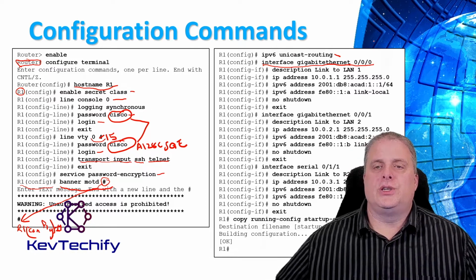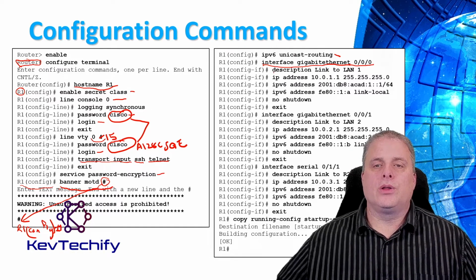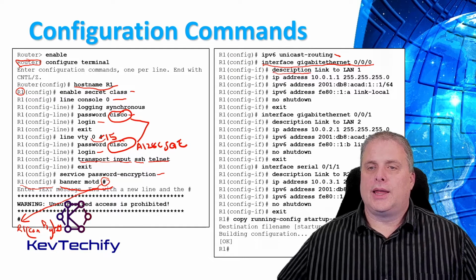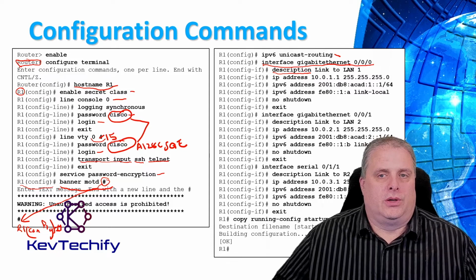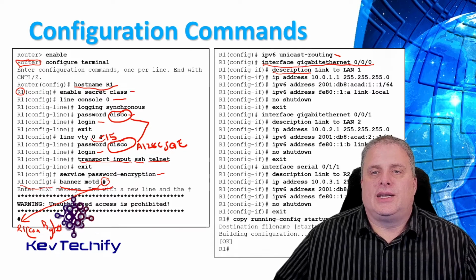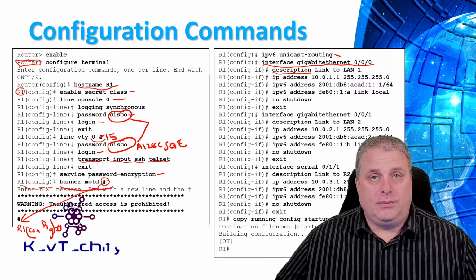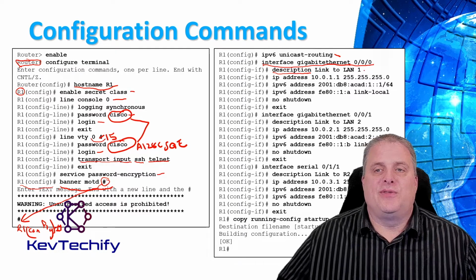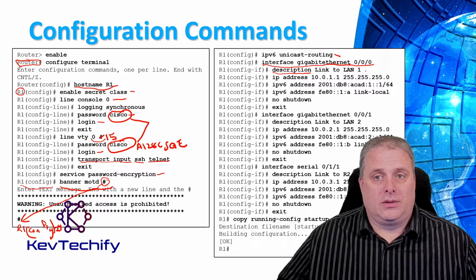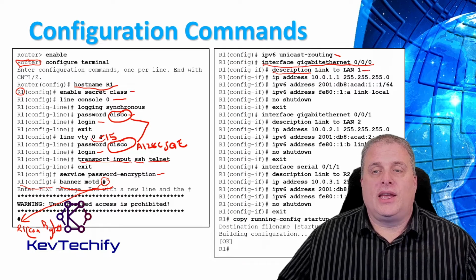One of the first things you should do is put in a description. I really like putting in descriptions, at least to tell me where I'm connecting to. Here it says it's a link to LAN 1. What that would mean to me is this is the default gateway to LAN 1. This is how I get into LAN 1.